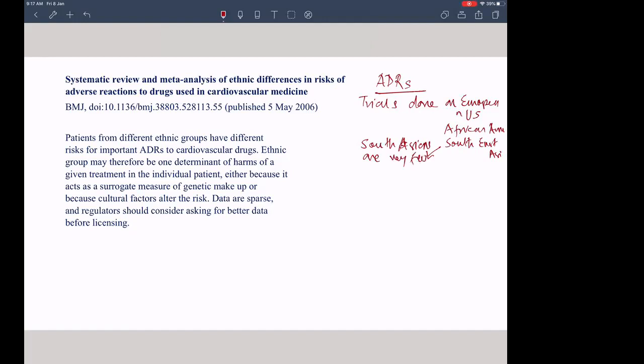Okay, so there is a need, because the other day I was reading an article in which one particular drug went through the trial, or they were looking for certain things, right? ADRs.